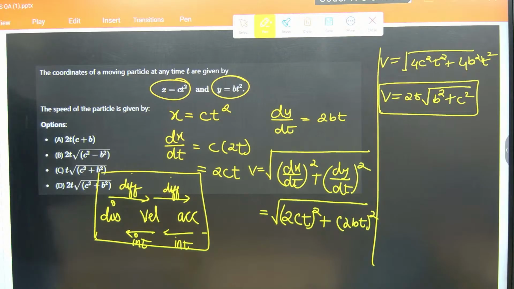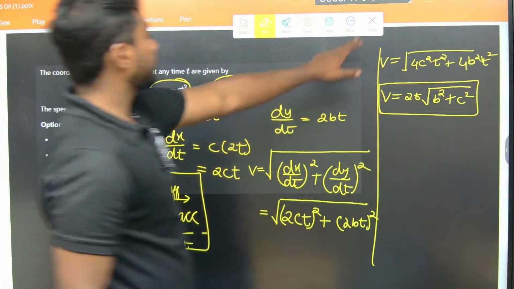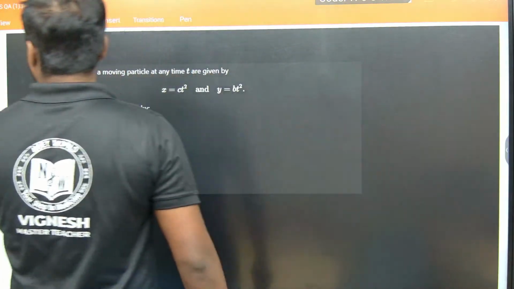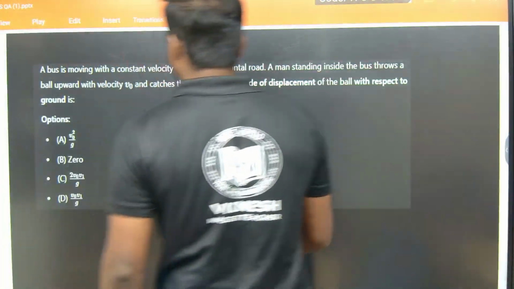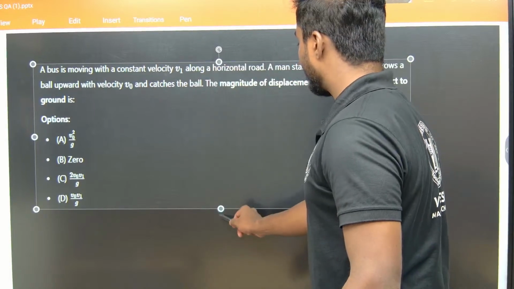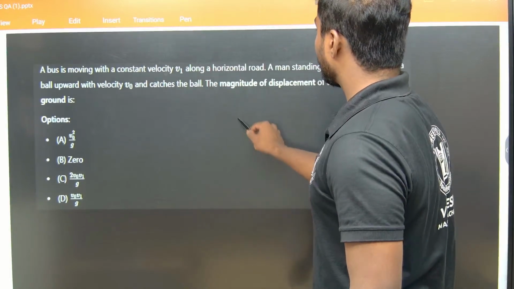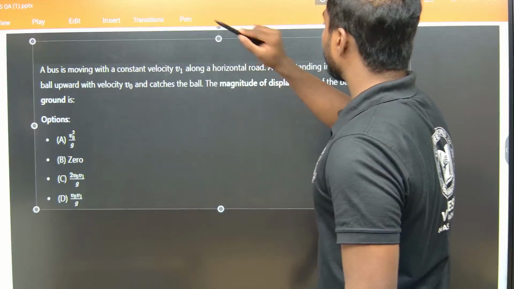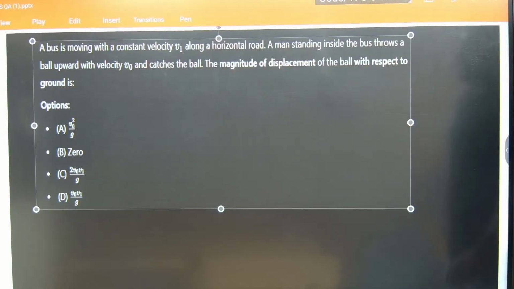Okay. So second question of today's class. A bus is moving with a constant velocity v1 along a horizontal road.